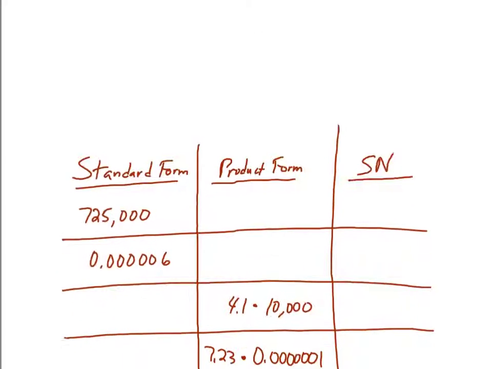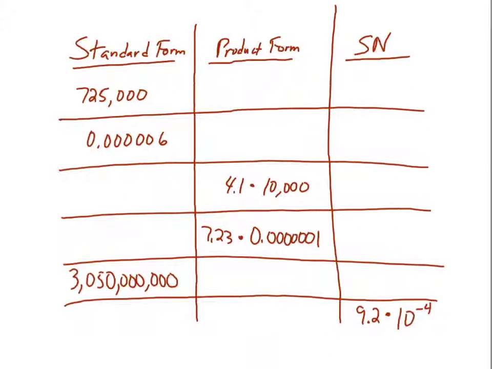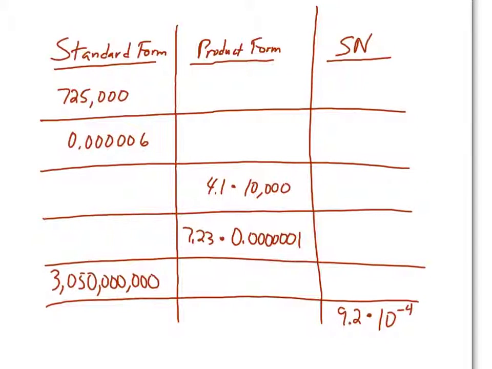So let's look at some examples. If we're going to take this to product form, what that means is just figure out what it is times some multiple of 10. So I'm going to make this 7.25.